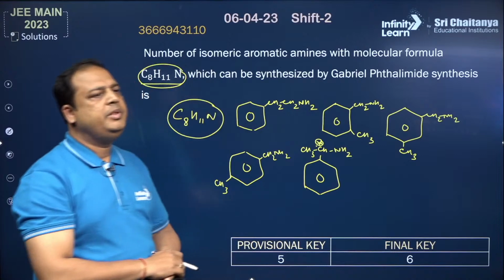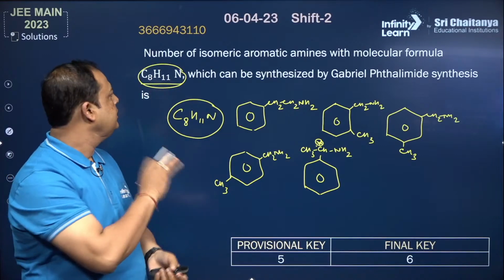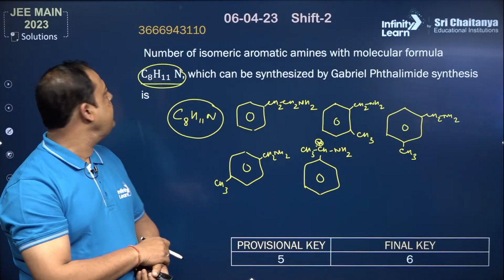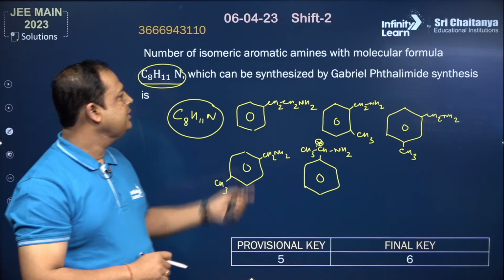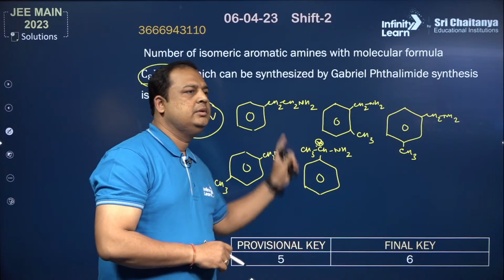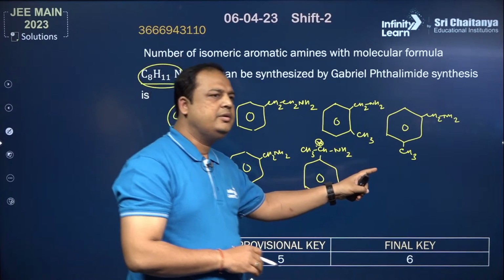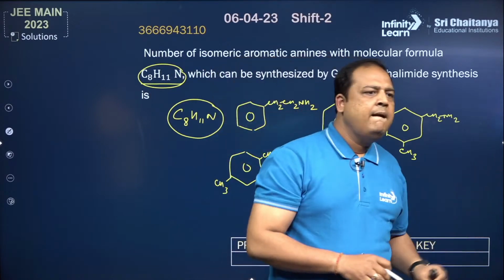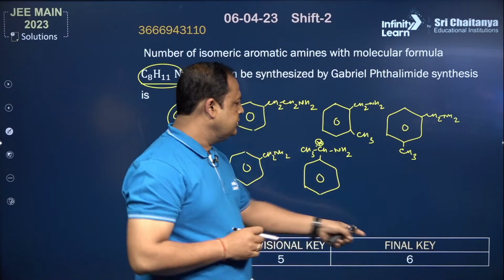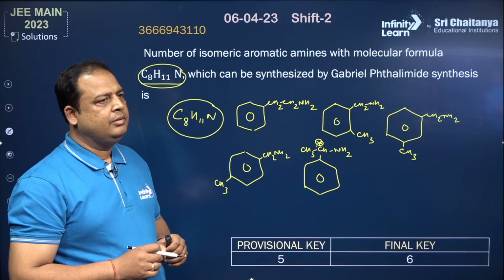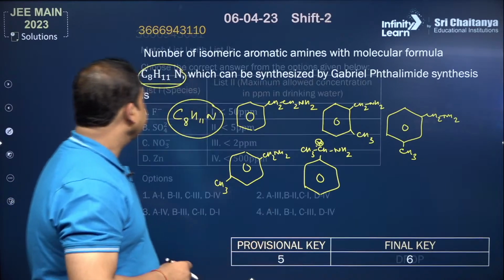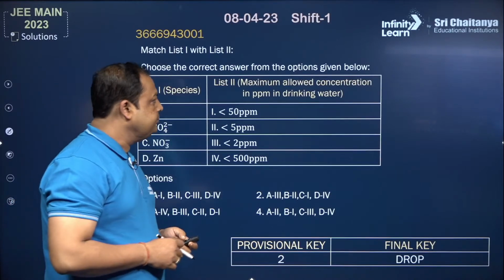So the number of isomeric forms of C8H11N should not be 5, it should be 6. Got it? Okay. So that's why the answer is 6, not 5. Exactly. So moving to the next question.